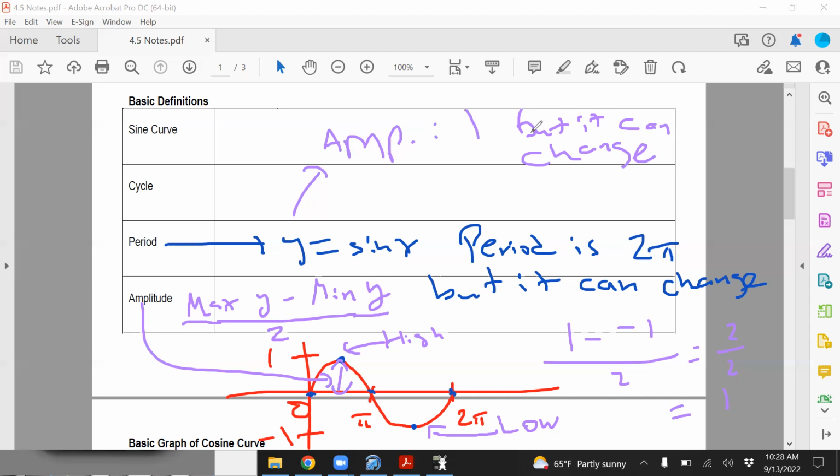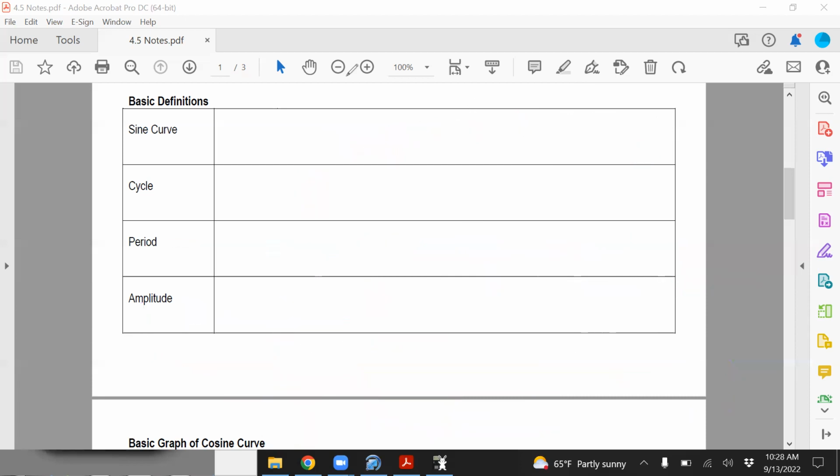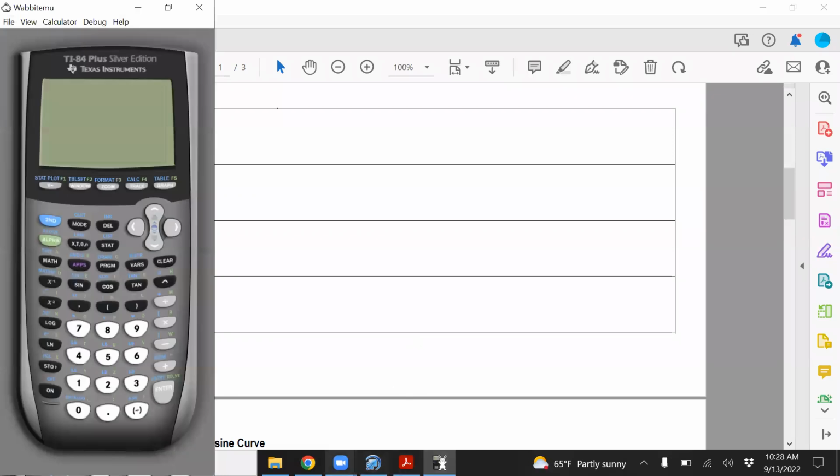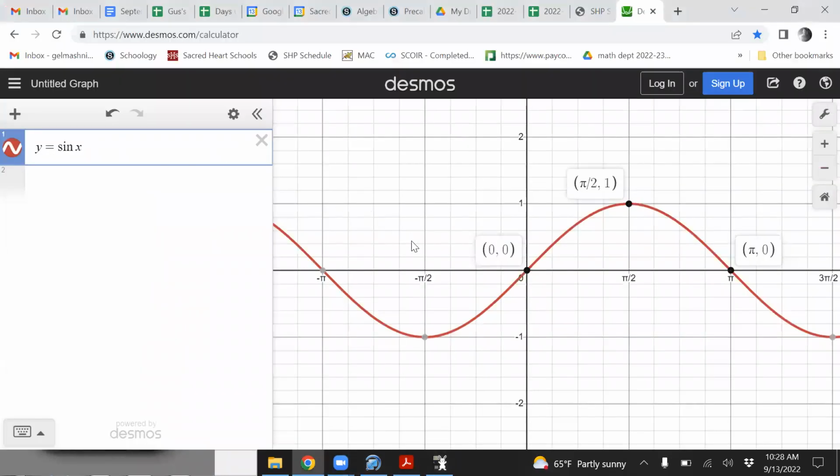Okay. Actually, let's just see how it changes really quickly, then we'll do cosine. Let's go back to Desmos here. Okay. If I put a 2 out in front of the sine x, what do you think the graph's going to do?